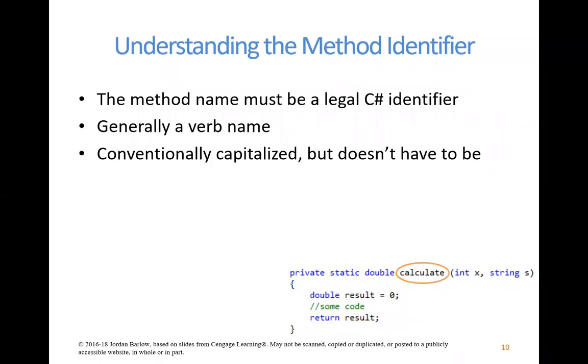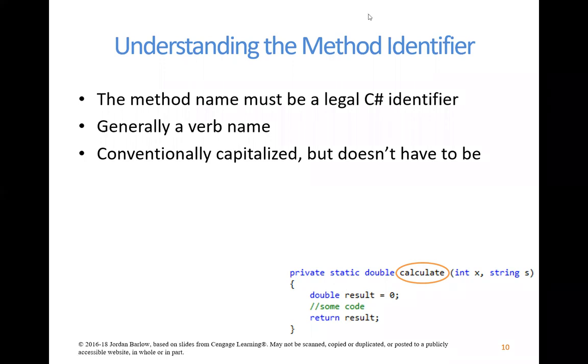Okay, the next is a method identifier. It must be a legal C# identifier following the rules we learned in chapter 1. It's generally a verb name because methods do something, just like verbs do something. It's conventionally capitalized, but it doesn't have to be. In the quick example I wrote to put on the slide, I didn't capitalize it, which is legal, this code will run, but the convention is to capitalize your methods.